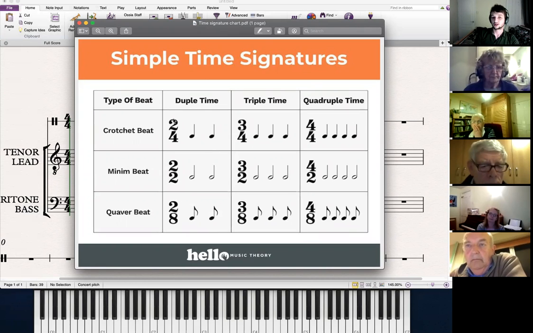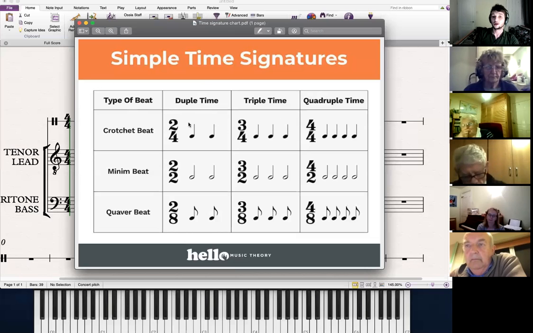The ones we're going to be focusing on are 2/4, 3/4, and 4/4. They have certain names. You can see that the top number is the number that changes each time, and the bottom number stays the same. I'll explain what the bottom number means in a minute. For now, we're just going to focus on the top number.